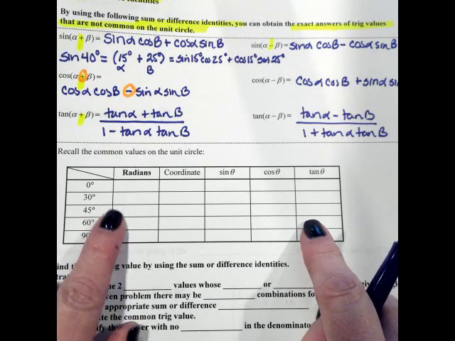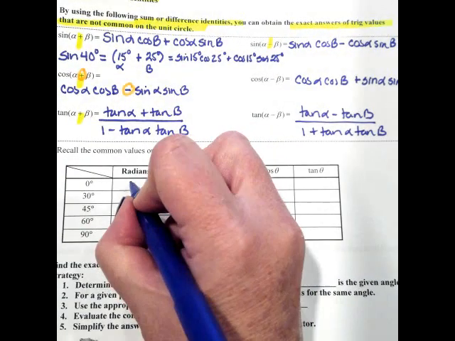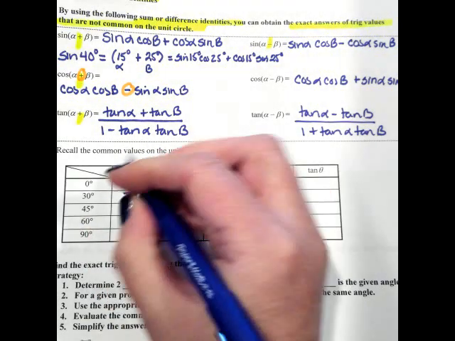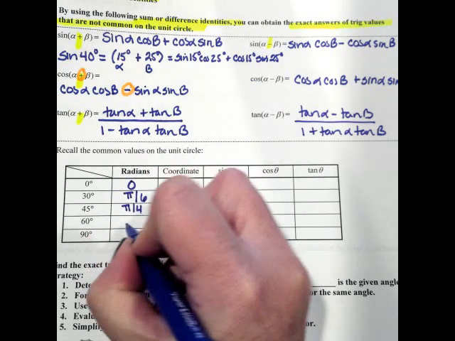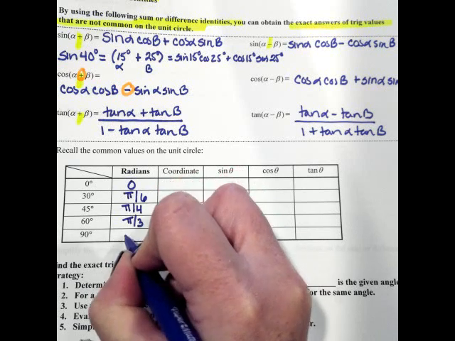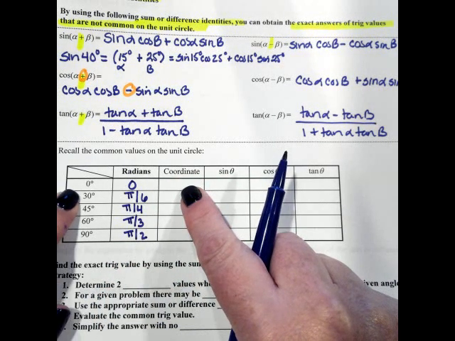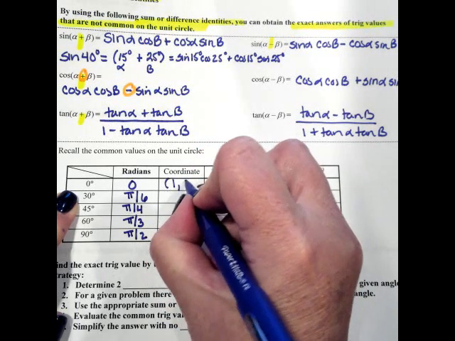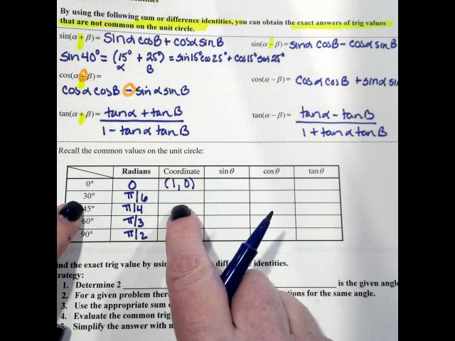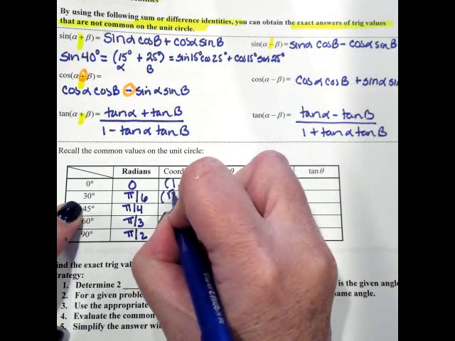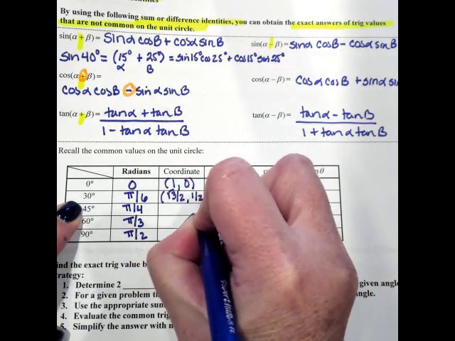Now recalling from the unit circle, remember in radians, 0 degrees is 0, 30 degrees is pi over 6, 45 degrees is pi over 4, 60 degrees is pi over 3, 90 degrees is pi over 2. Remember the ordered pair at 0 degrees is 1, 0. At 30 degrees it's square root 3 over 2, 1/2.